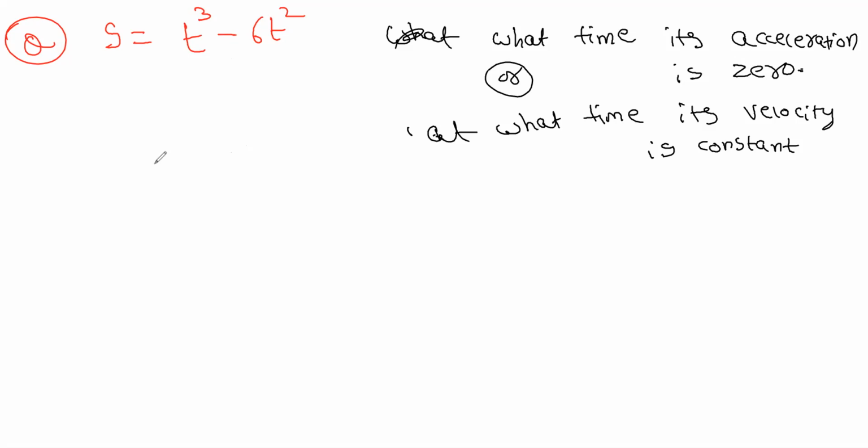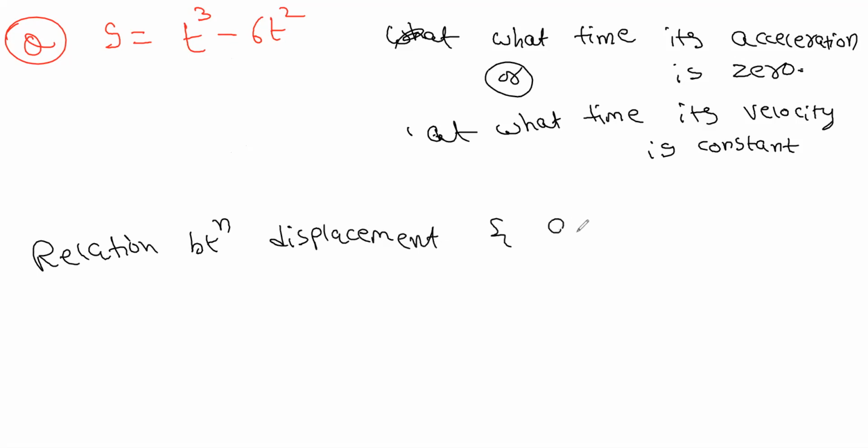First, we will find velocity by differentiating it. Again, we will differentiate velocity and we will get acceleration. That is the relation between displacement and acceleration.